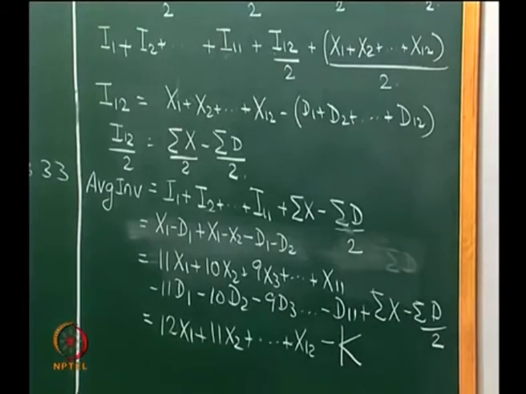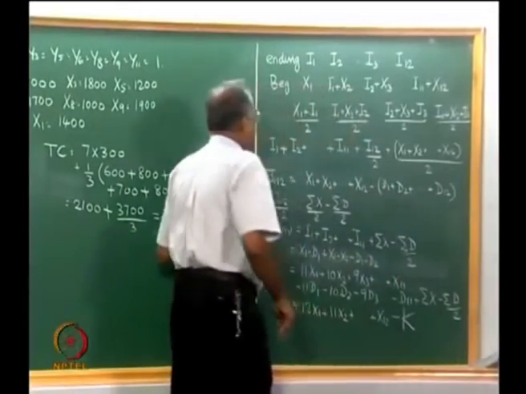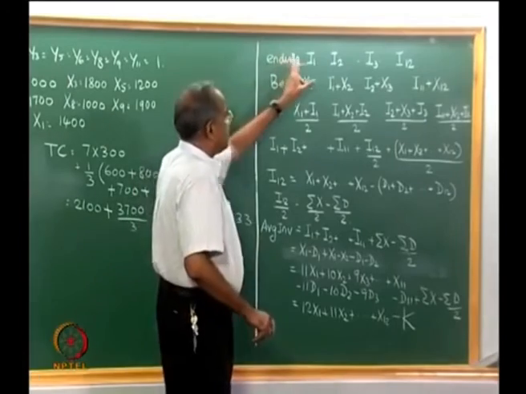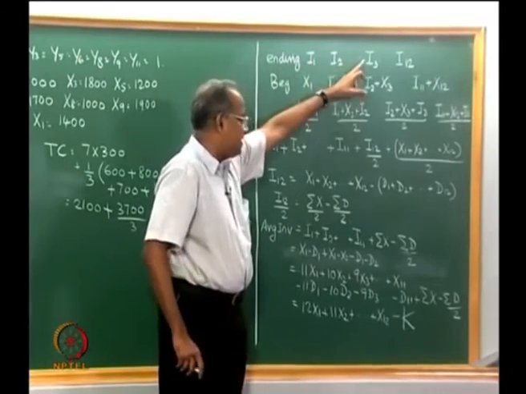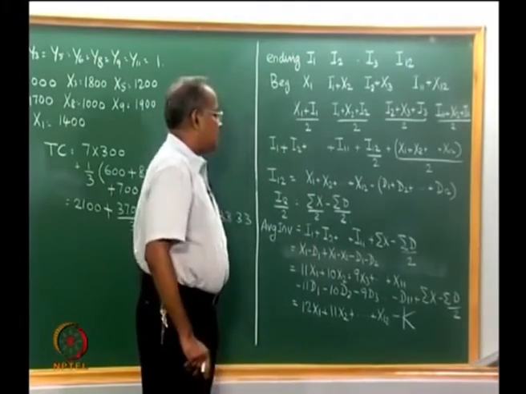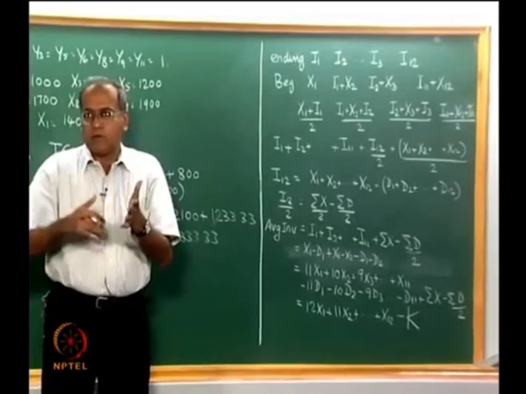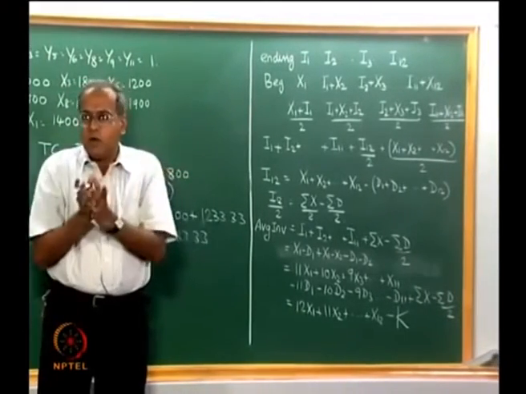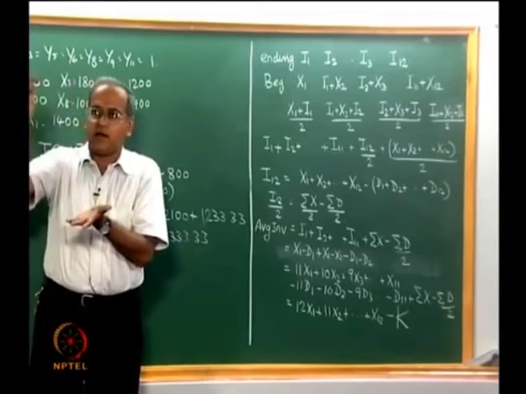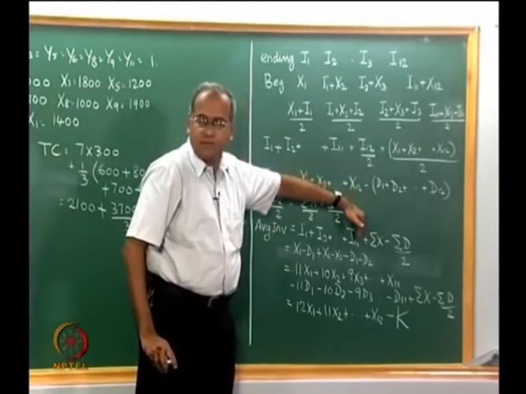There is another way of looking at the same thing. Initially we started with ending inventories as I1 plus I2 plus I3 up to I12. Ordinarily I12 will be 0, because beginning inventory is 0 and pushing an I12 will lead to higher cost. So it is enough if we do up to I11.